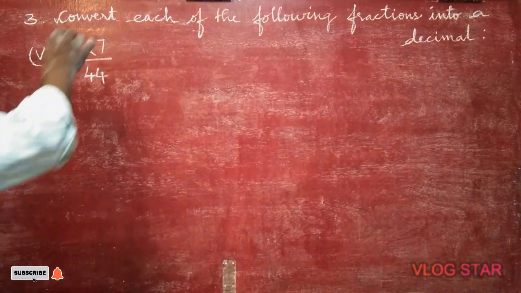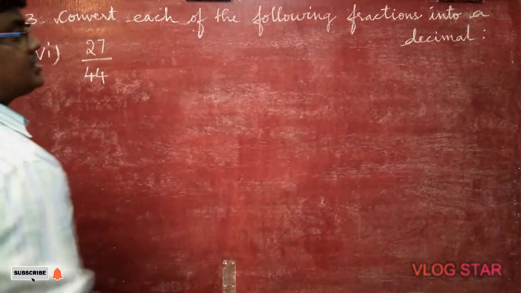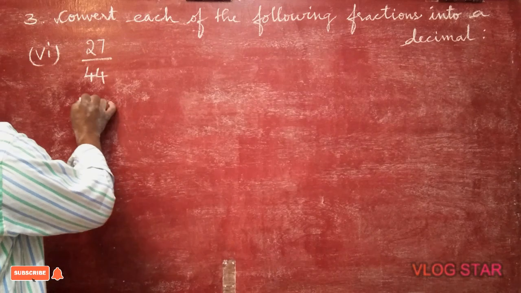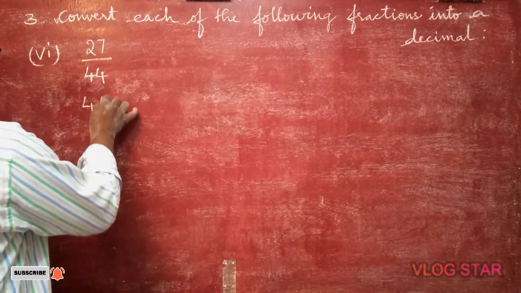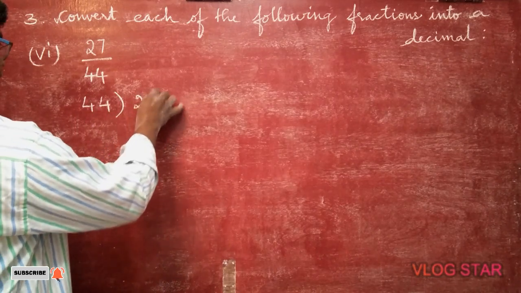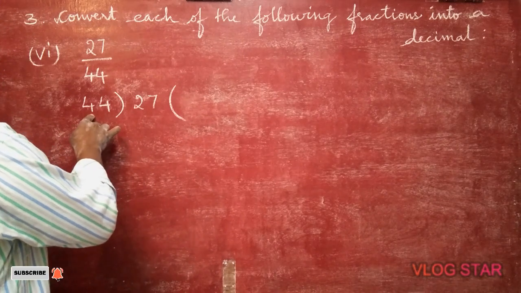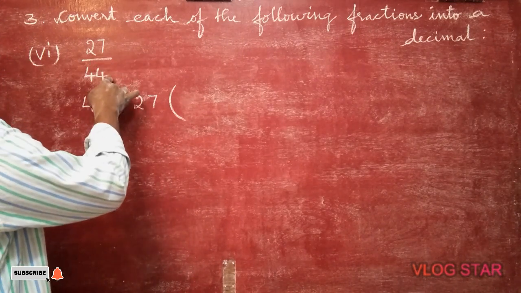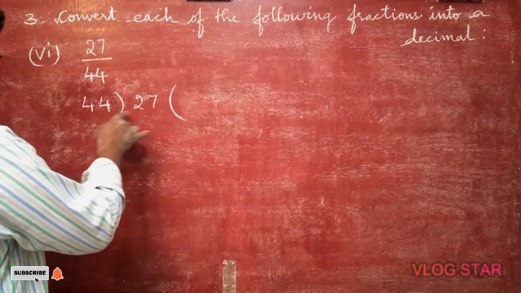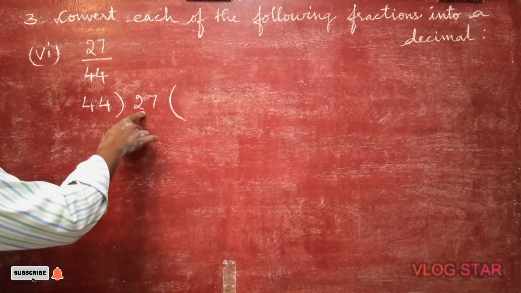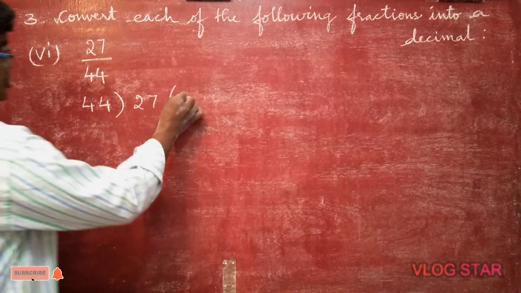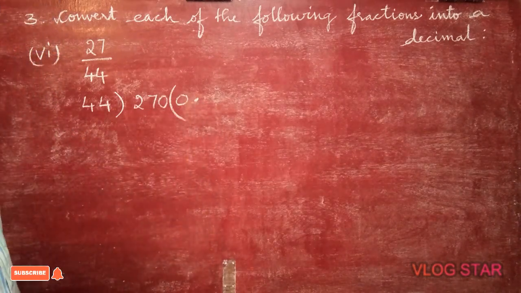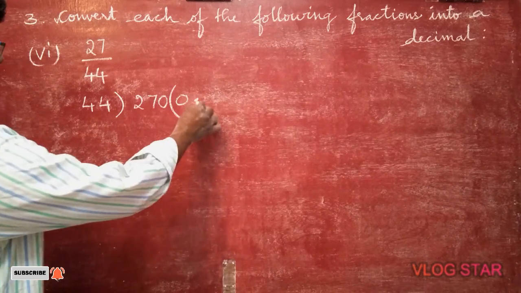Third problem. Convert each of the following fractions into decimal fractions. Here the fraction is given. You are going to convert it into decimal. 44 can't go into 27. 27 by 44 we have to divide. 44 is larger and 27 is smaller. So 0 point, keep 0 because we kept the decimal now.